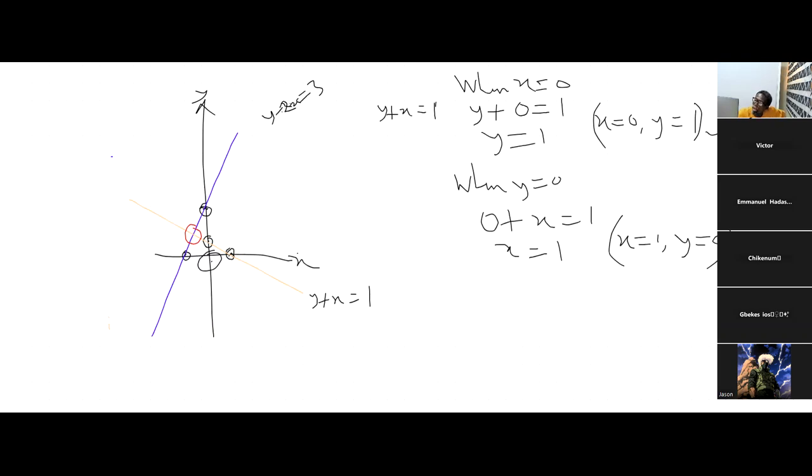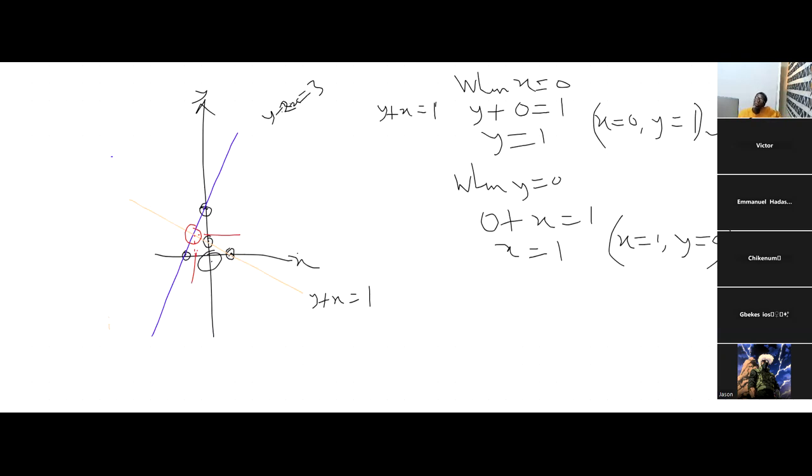We normally come here and do like this. We come here. So we now locate this point and this point on both the x and y axis.